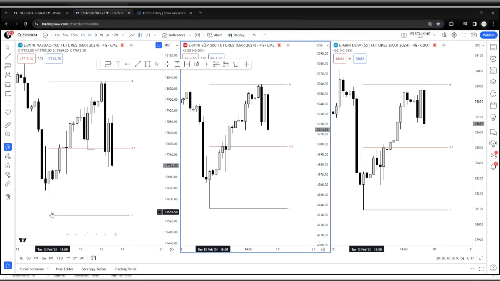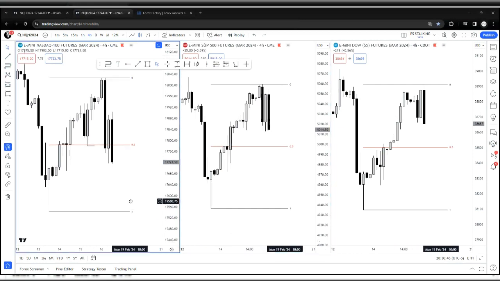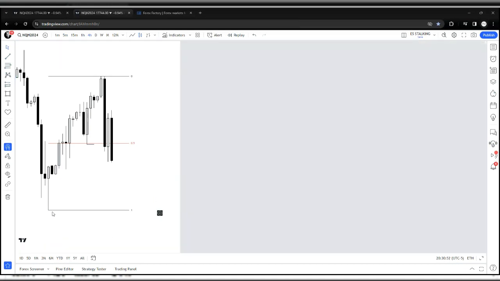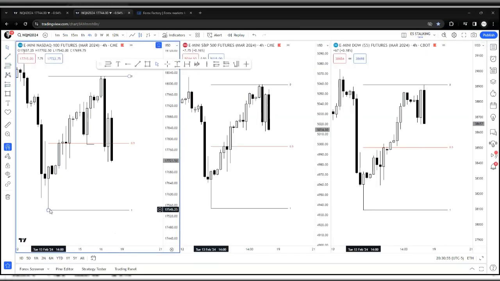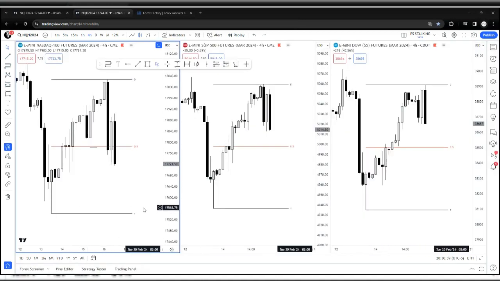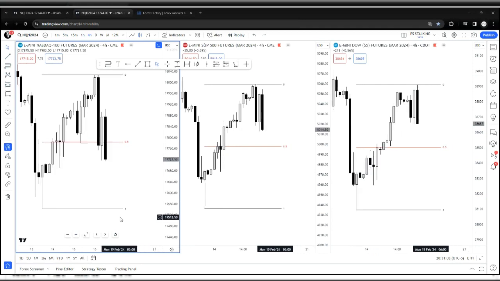So right here, this low, you could say this is the drawn liquidity at the moment. And if price goes below this under SMT, which would be likely if price goes below here, then you could be looking to do something if there is a lower range SMT after this.